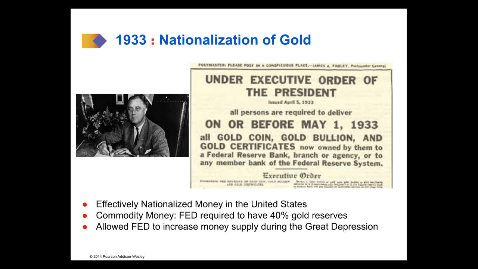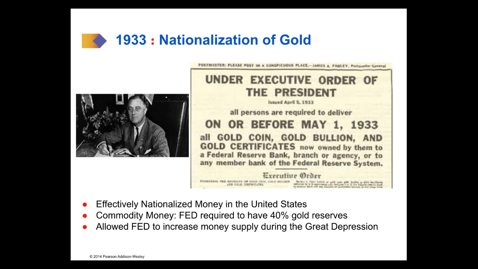But gold coinage or gold bars or gold of any significance or substance had to be turned in to the government, and they would give you money in exchange for that. But in essence, in the process of doing this, we nationalized money in the United States, because if gold was what was backing the money, and gold could only be owned by the government, it couldn't be owned by the public, well, then the government took over money.